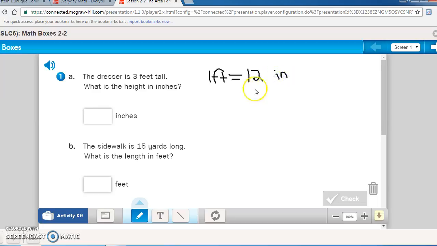So if 1 equals 12, 3 feet means I need to add 12 3 times to come up with my answer. 12, 24, 36. So my answer would be 36 inches. The sidewalk is 15 yards long. What is that length in feet? Well, you should remember that 1 yard equals 3 feet.